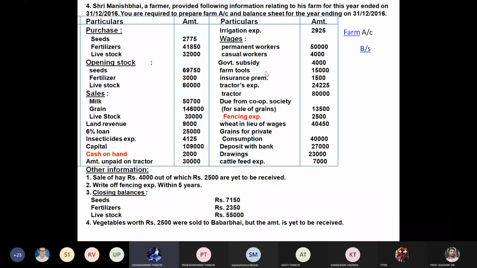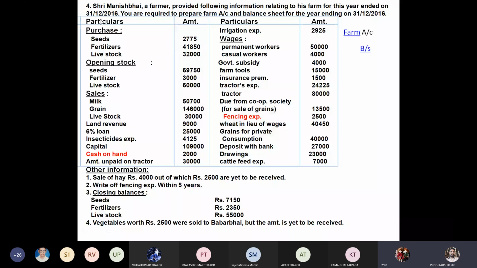Fourth example. Now concentrate on the example in front of you. Shri Manish Rai, a farmer, provides the following information relating to his farm for the year ended 31st December 2016.